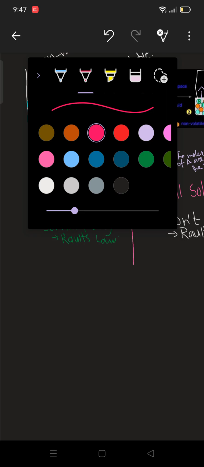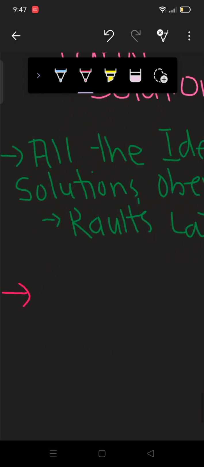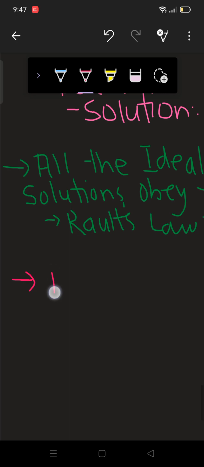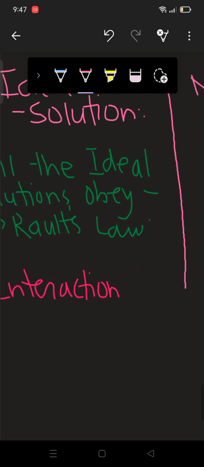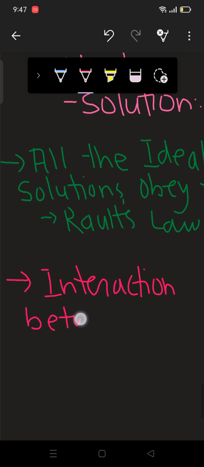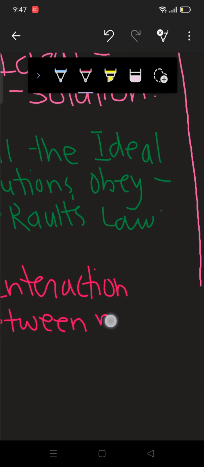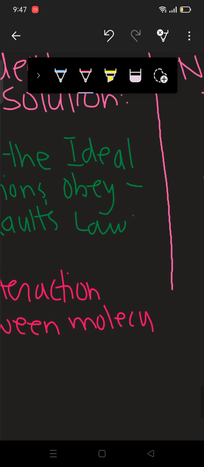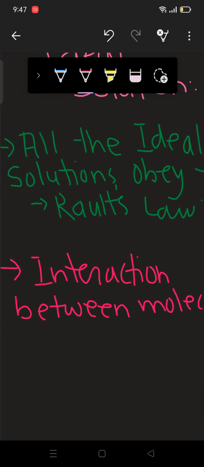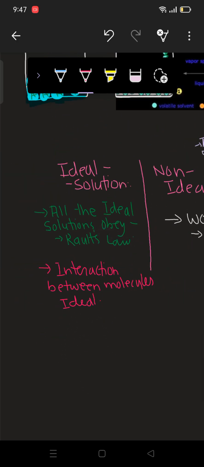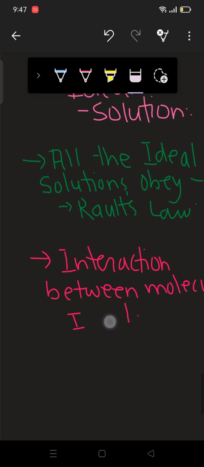So what is the second point here? The second point is that here we're going to have identical bonds, or interaction between the molecules. Interaction between molecules would be ideal. After mixing, not ideal, however, identical, right?